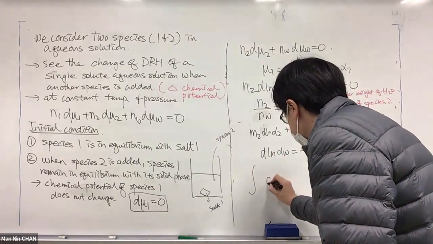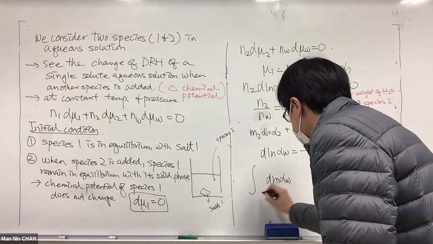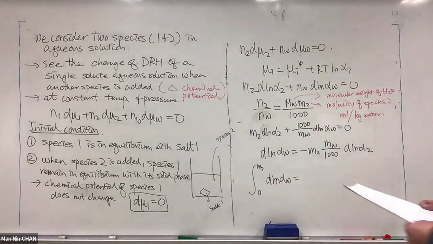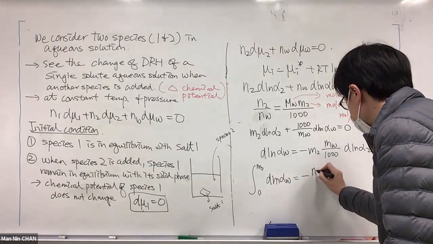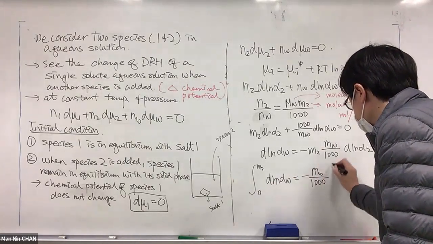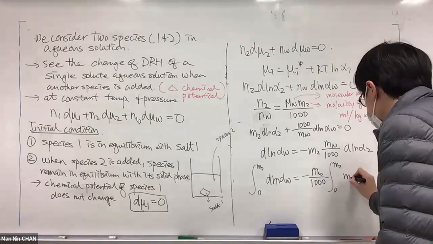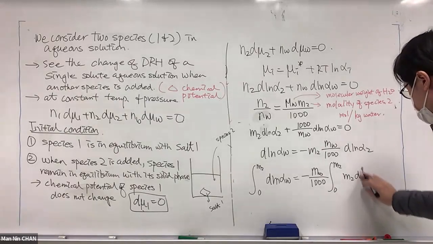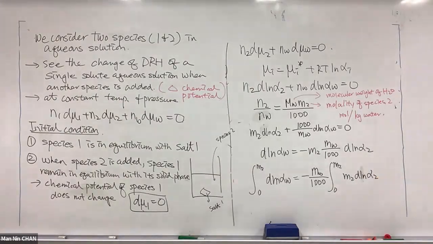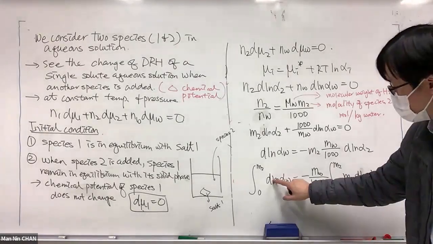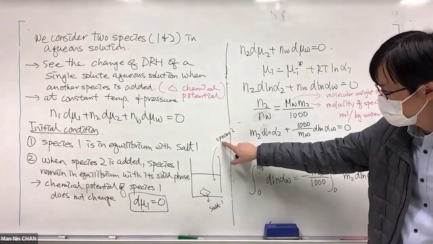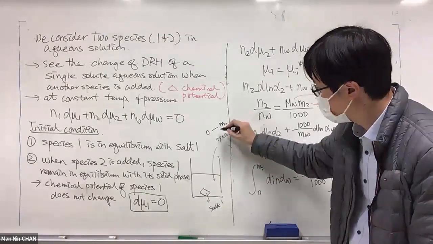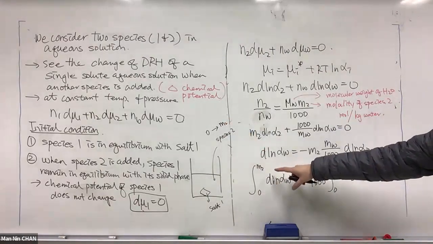So let's say, maybe let me write down the equation and then I'll explain this to you. This equation just tells us, let's say initially I don't have any species 2, and then I add from 0 to a certain amount, say M2, the concentration from 0 to M2.